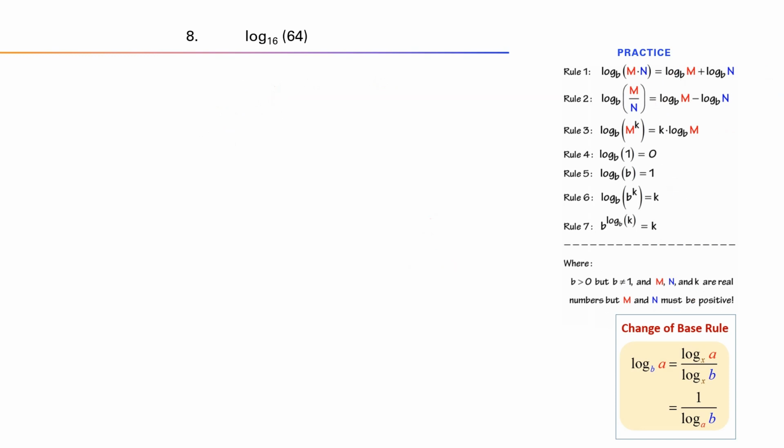Now we have number 8, and we try to use the change of base rule. So we have log base 16 of 64. We see that we can have it in common of 4, right? 16 can be 4 squared, and 64 can be 4 cubed.